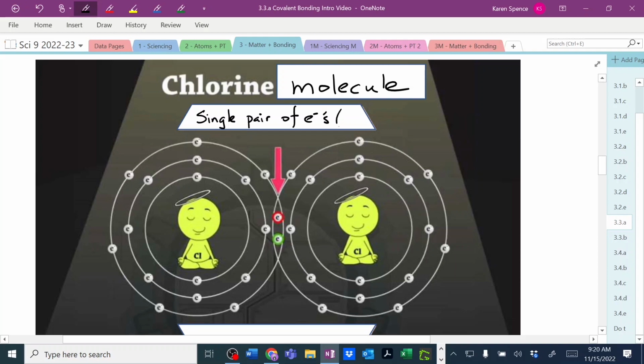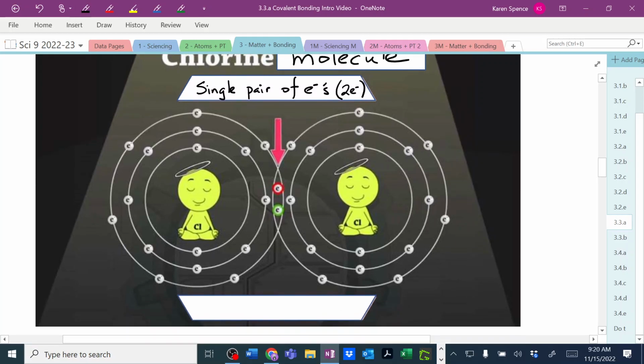In other words, 2 electrons. When we have a single pair of electrons that are shared, what do we call that? We call it a single covalent bond.